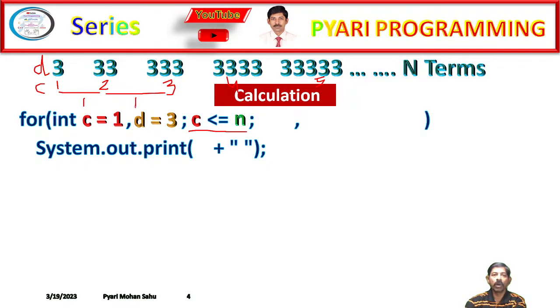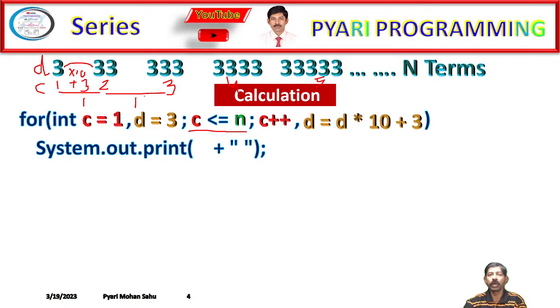Gap between them is 1. Counter gap is 1. So that's why C plus plus. But this one, D, is your into 10. We got the logic is into 10 plus 3. This is the updation part. So that's why updation for the D is D is equals to D into 10 plus 3.